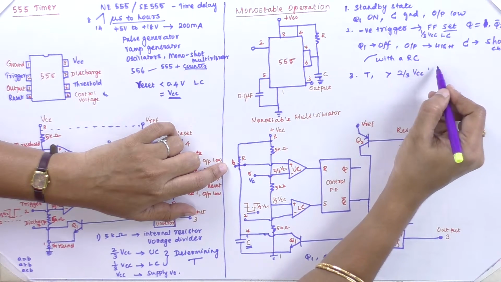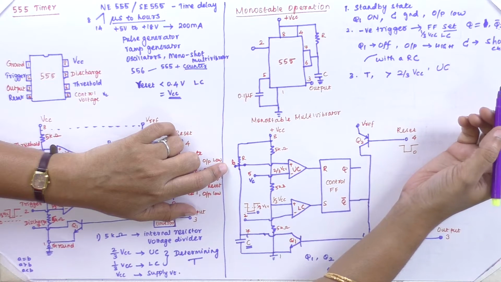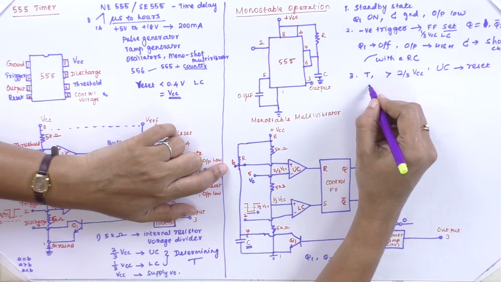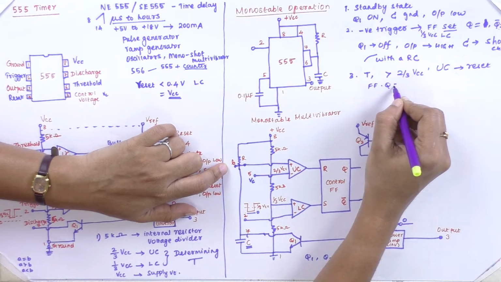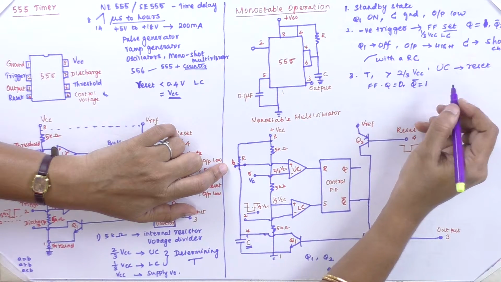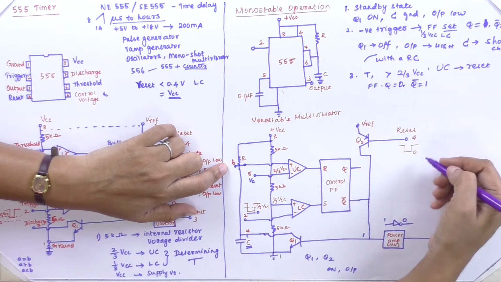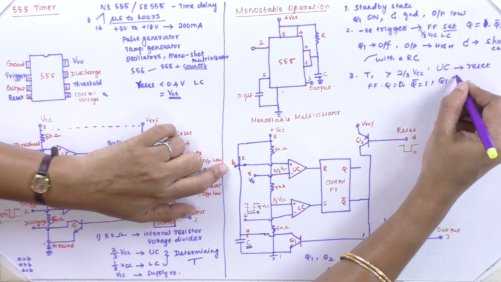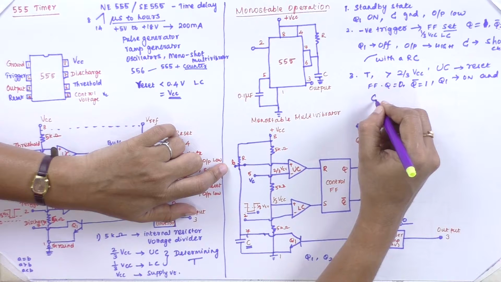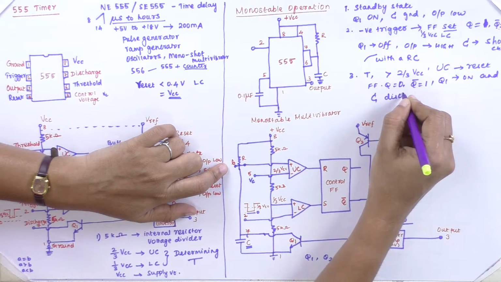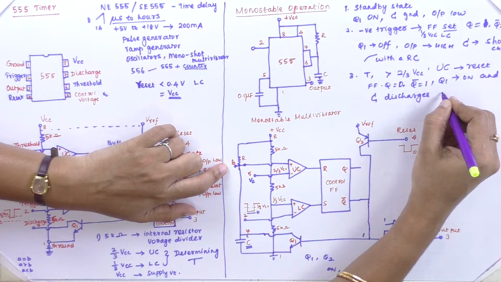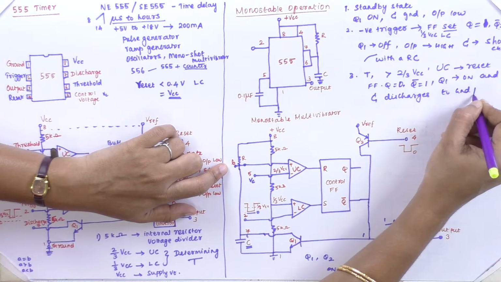So in that condition, your upper comparator gets reset. Your flip-flop Q will become 0 and Q bar will become 1. Q bar is 1, which turns my Q1 transistor on, and thereby discharging takes place. The capacitor discharges suddenly, rapidly to ground potential.